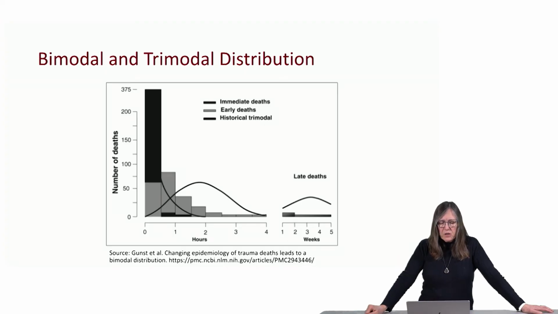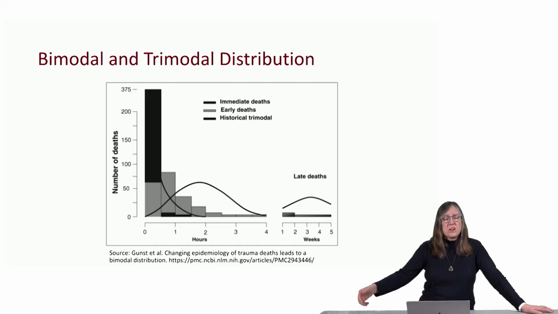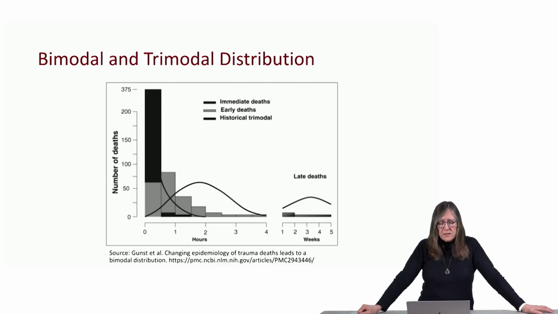And this comes from an article on the change in epidemiology of trauma deaths. Important to note the scale here: the left-hand side of the figure is in hours, from 0 to 4 hours, immediately following a traumatic event such as a motor vehicle crash. On the right-hand side of the figure, you notice that the time frame is weeks, so those are delayed deaths after a traumatic event.